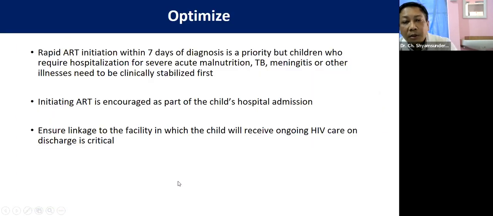Now, coming to optimize and prevent. Rapid ART initiation within 7 days of diagnosis is a priority, but children who require hospitalization for severe illness, like severe acute malnutrition, tuberculosis, meningitis, or other illness, need to be clinically stabilized first.